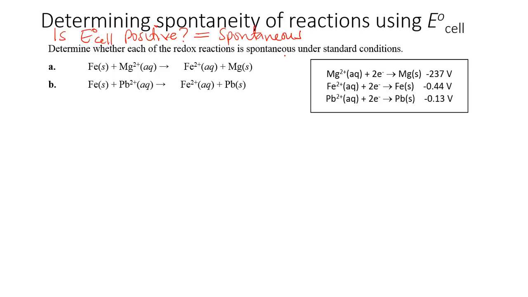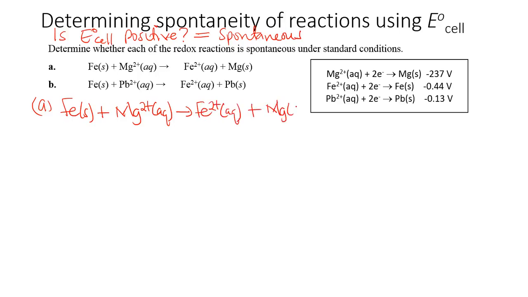So if I take A, Fe solid plus Mg2+ aqueous gives Fe2+ aqueous plus Mg solid.